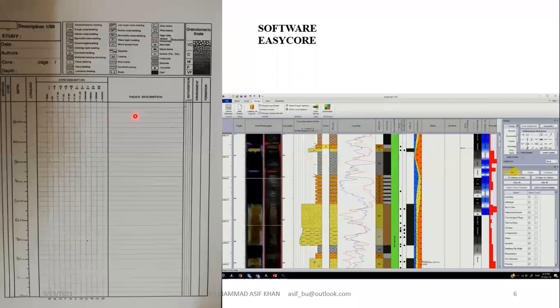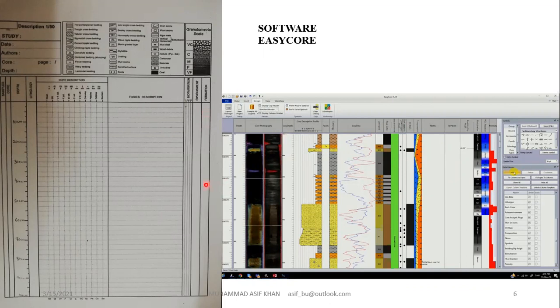Then I can write down a facies description that we have fine grain shale, or sandstone intercalated with shale, or fine sandstone beds with some clay balls. So this is the facies description. Then we will look for the bioturbation. From this information, we can infer the environment of deposition as well. Then here we need to write down the formation name.